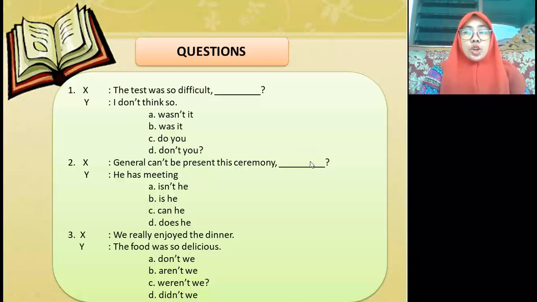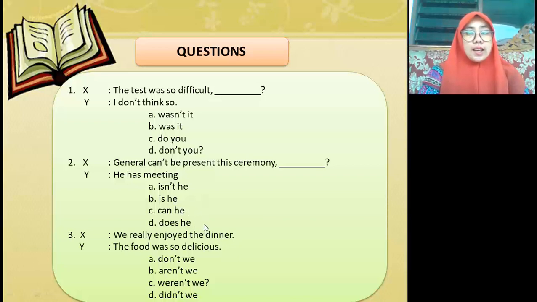So your question tag must be positive, because your sentence is the negative one. So you must use the modal in the positive one. Okay, let's see for the A. Isn't he? Is he? Can he? Does he? The answer is C. Can he? Because we use the modal can.